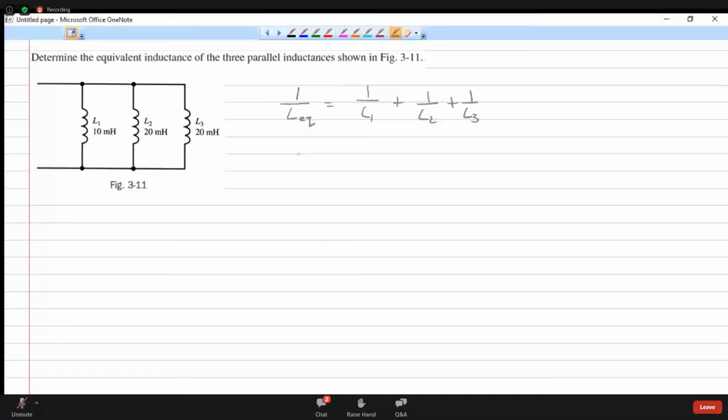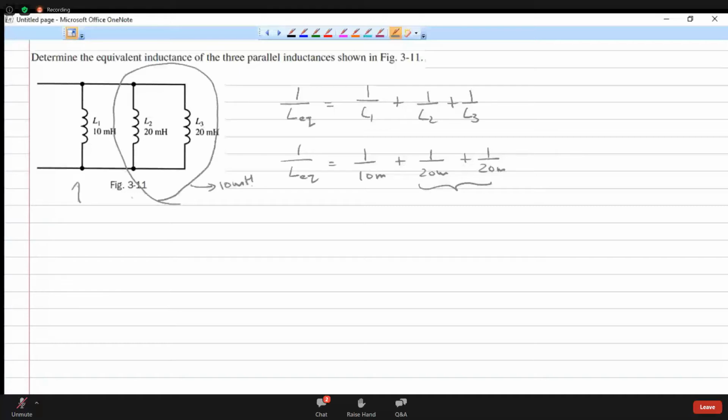1 by L equivalent is equal to 1 by 10 milli plus 1 by 20 milli plus 1 by 20 milli. So these two elements you can replace with 10 millihenry.